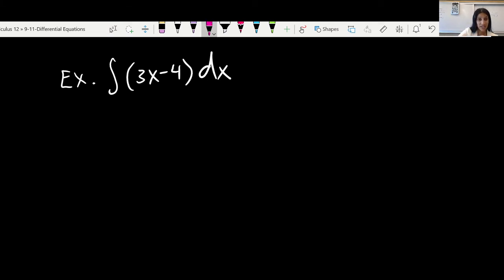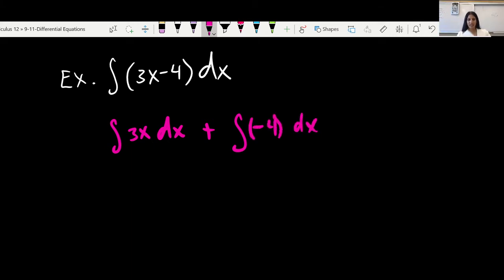Like we can take this and say, okay, I'm going to take the antiderivative of 3x dx plus the antiderivative of minus 4, in brackets, dx, and then we can work with them separately. I should have color-coded. Let's do it like this, so you can see where it's all coming from.